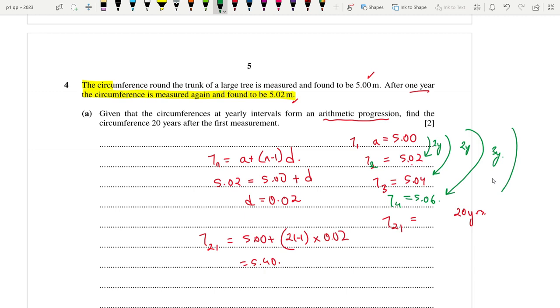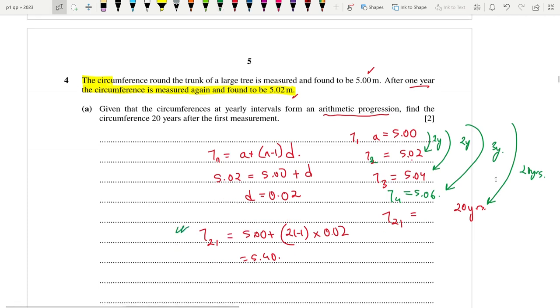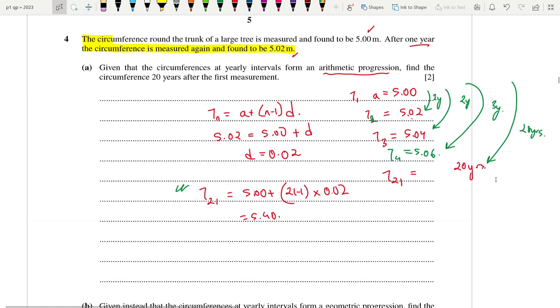So 20 years after the first measurement, we are going to get T21. So n will be one more than the number of years after the first measurement. So we are tasked with finding T21, which is 5 plus 21 minus 1 times 0.02, which is 5.40. That is our answer.